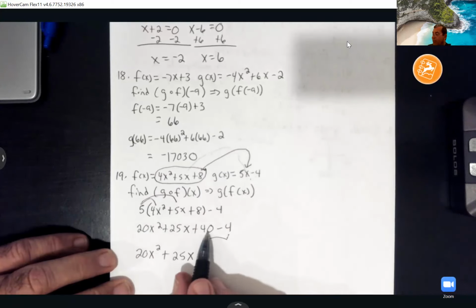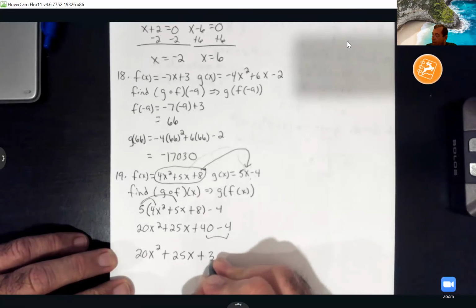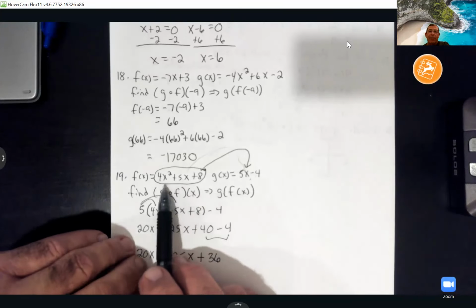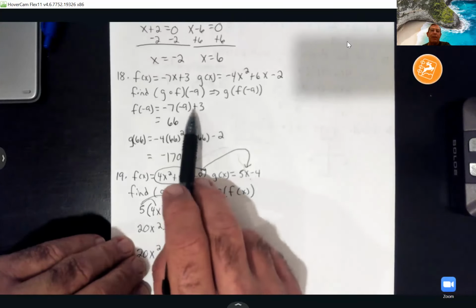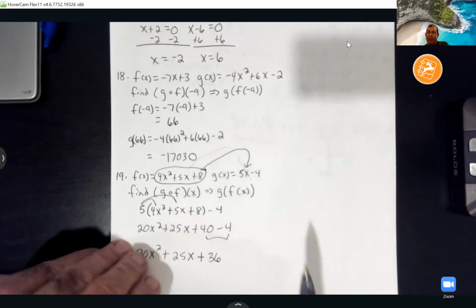And then what's that? 40 minus 4 gives us a positive 36 and we're done. All right, so be careful on this one, okay? Because it doesn't give you the numbers like number 18 did. So that's why I had to put the whole function in there, okay?